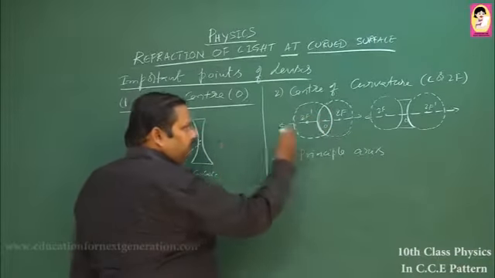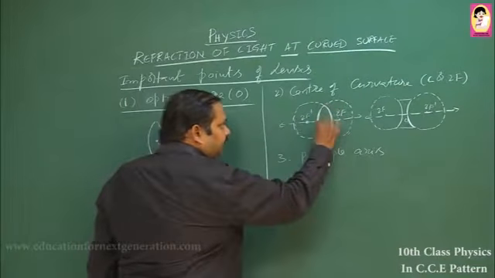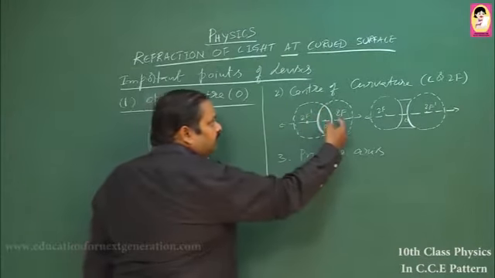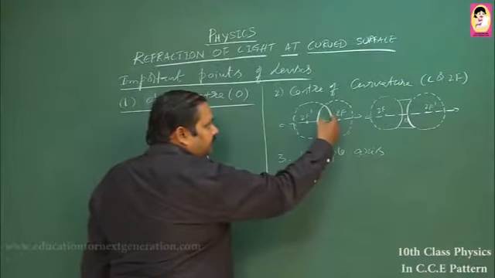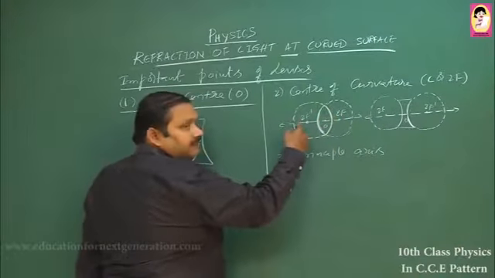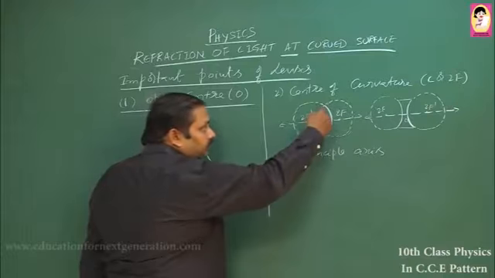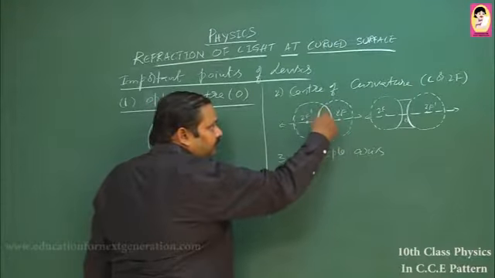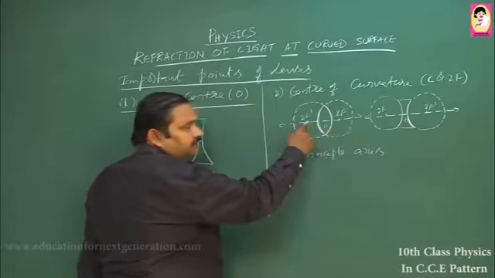Taking from left to right, this is the first curved surface; corresponding to it we have the center here. Corresponding to the second curved surface, we have the center here. So, corresponding to each curved surface, this is the center of curvature.